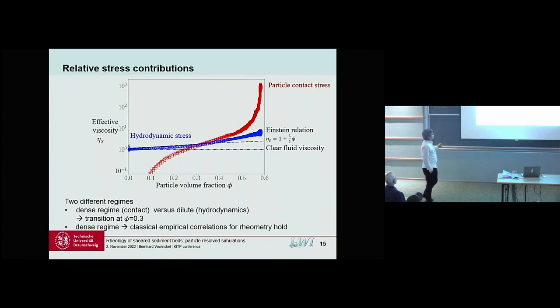So we find that in the dilute regime, of course, everything is dominated by hydrodynamic stresses, and at a volume fraction of about 0.3, we are transitioning into a particle contact dominated stress, and that's where classical rheometry correlations hold. But in the dilute regime, we're more or less scaling with the Einstein relation all the way up to here.